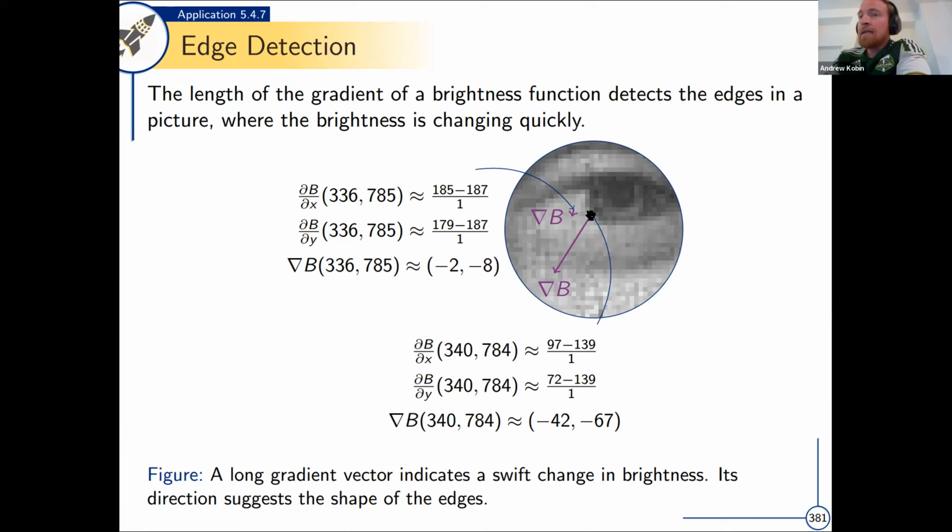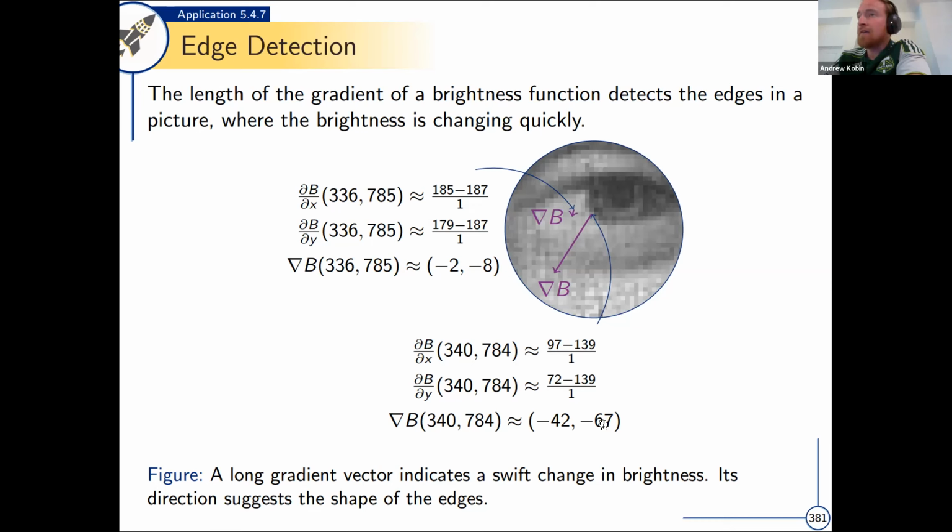Whereas if you're in a lower brightness region, and you're still on the boundary of the eye, just on the dark side, then you should expect a longer gradient vector to tell you to travel in this direction and travel uphill faster. The length of the vector will be highest when there's contrast between bright and dark regions.